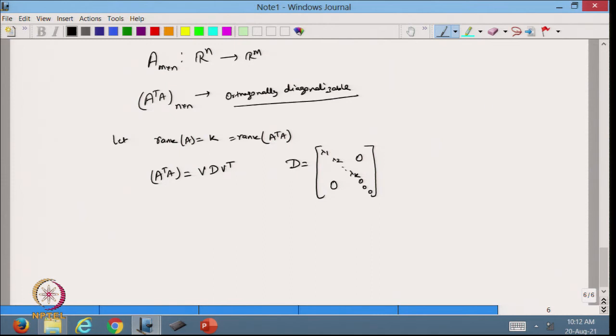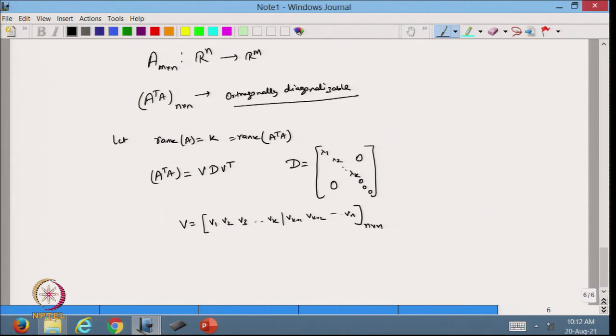This is my diagonal matrix, and I take V as the matrix of eigenvectors corresponding to lambda 1 V1, lambda 2 V2, lambda 3 V3 up to lambda k Vk, and then corresponding to the 0 eigenvalues we take Vk plus 1, Vk plus 2 up to Vn. So, this is my matrix V, and it will be n cross n.